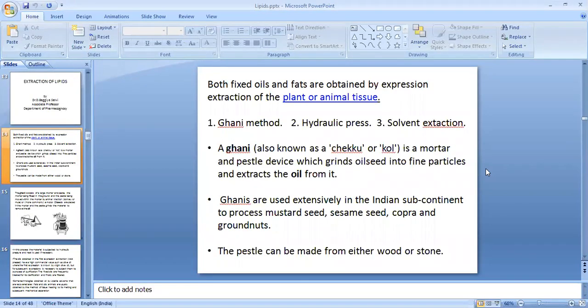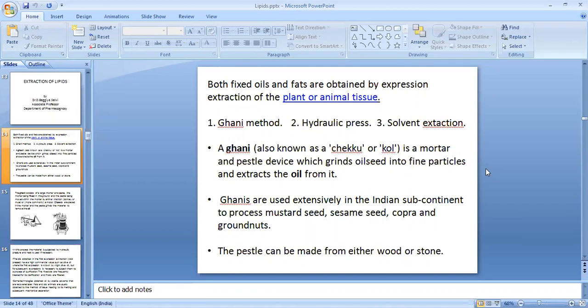One is the Ghani method and hydraulic press. Ghani method is a very conventional and oldest method, and it is by means of mechanical method. And hydraulic press is the expression method by power driven motors.